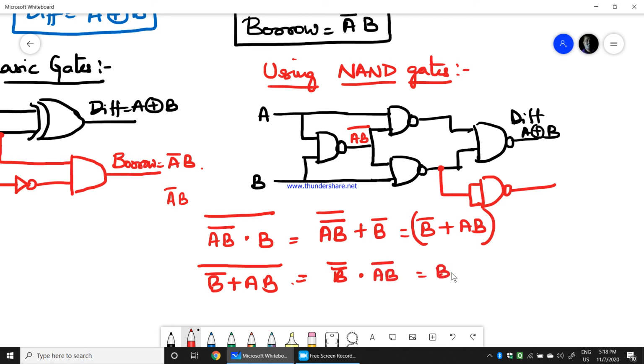So this is equal to A bar B bar, the whole bar gets cancelled, and AB the whole bar can be written as A bar plus B bar. Therefore, I will get A bar B plus B into B bar, which is 0. Finally I will end up getting A bar B. Therefore, when I take an output from here, I will be getting the borrow, which is nothing but A bar B.